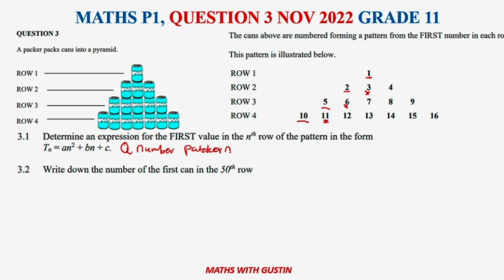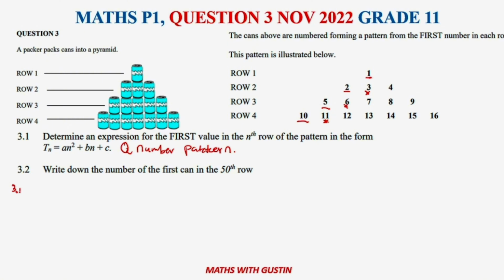If you have checked the lesson that we did on number patterns, or rather sequences and series, you will see how to deal with this one, but I will try to explain as we move along. Let's have a look at this question 3.1, and then we will continue with the rest of the question.